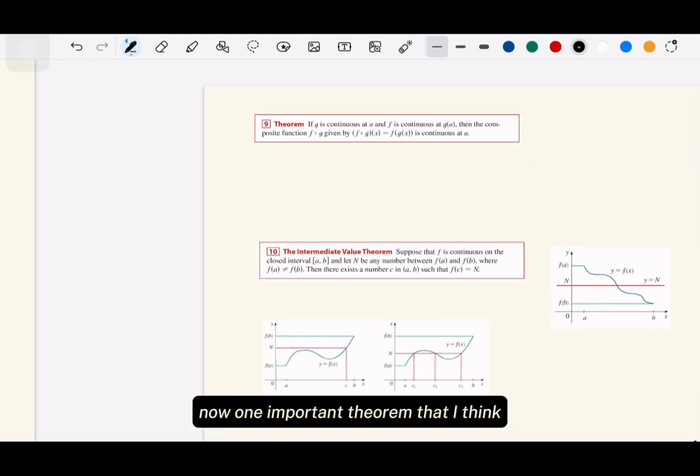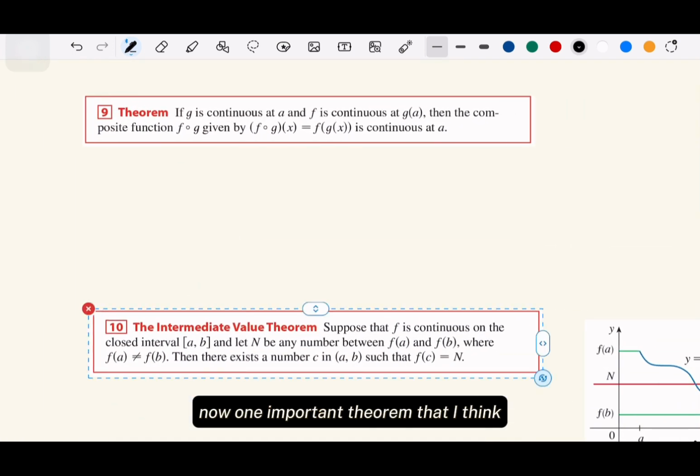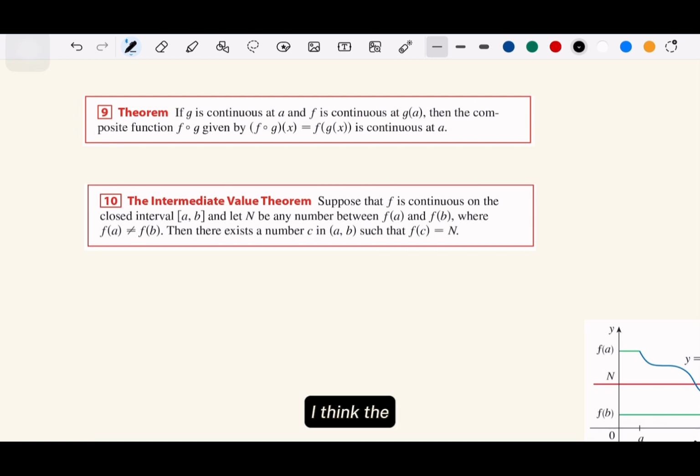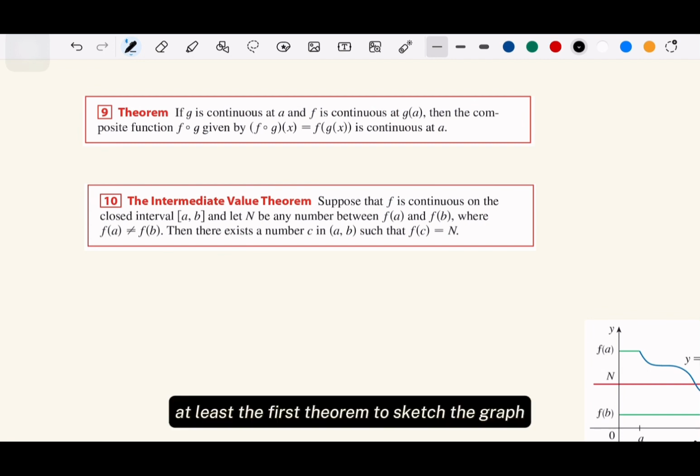Now one important theorem that I think will lead to our calculus 1 thing, at least the first theorem to sketch the graph, is the intermediate value theorem.